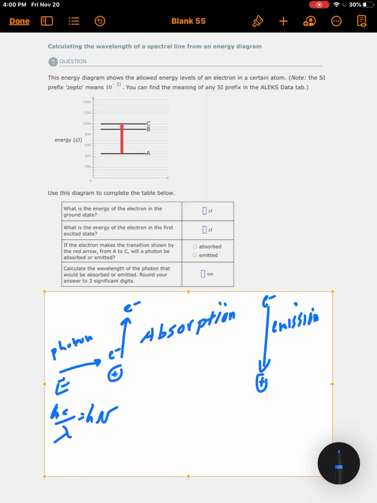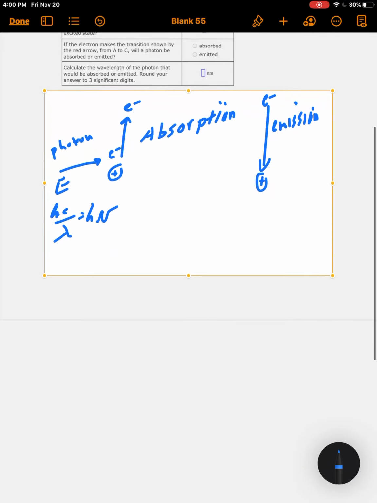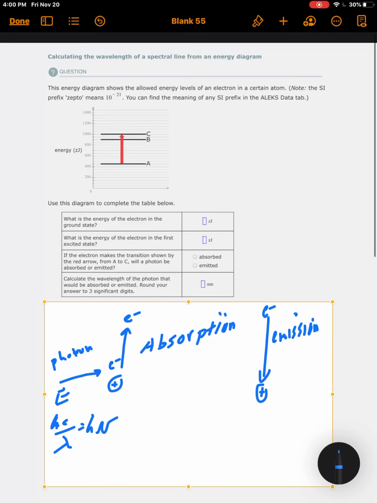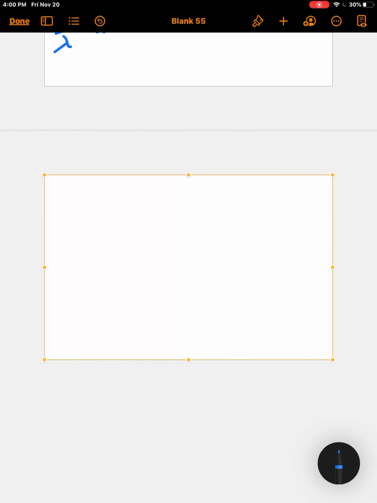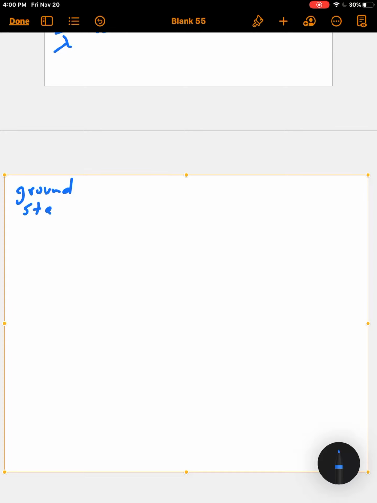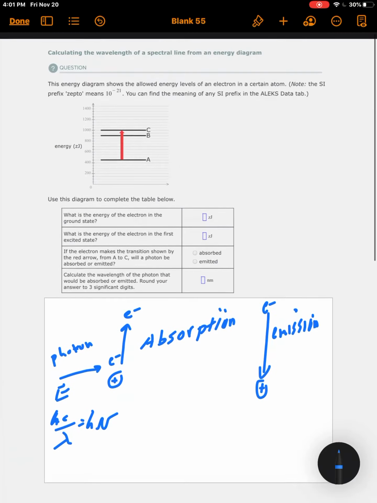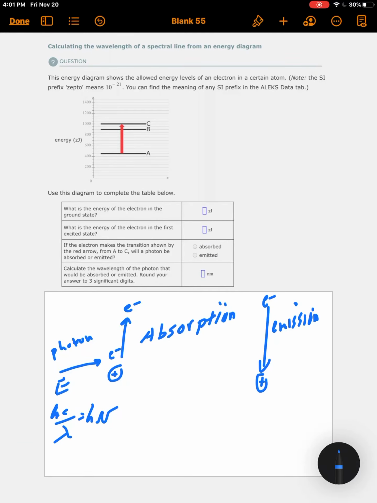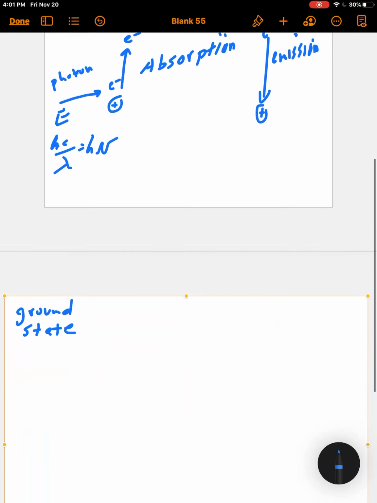Now, what is the energy of the electron in the ground state? So let's do that first calculation from A to C. The first question is the energy of the ground state. The ground state for the hydrogen atom, this says atom, but we're really doing this calculation for a hydrogen atom, to be honest with you.